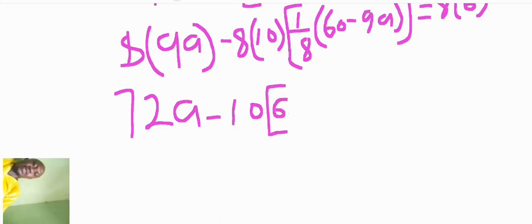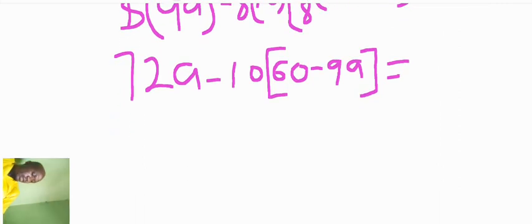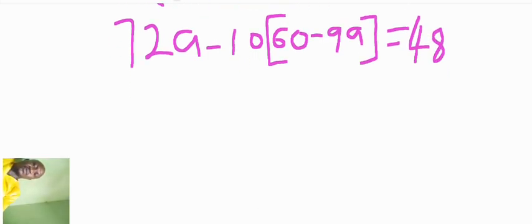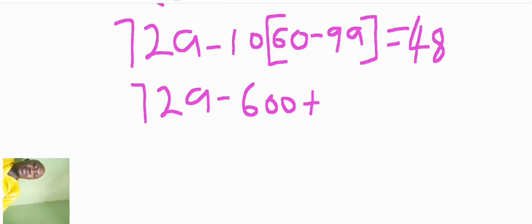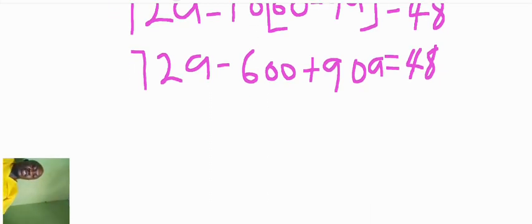We have 60 minus 9a inside, and 8 times 6, we are going to get 48. So let's proceed. So we have 72a minus 600 plus negative 10 times negative 9a, I'll have plus 90a, and this will give us 48. That's very good. So that is the end of step 2.